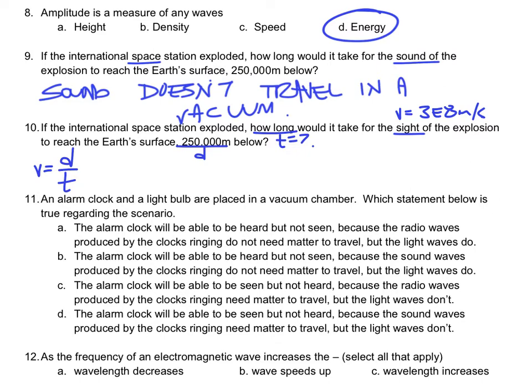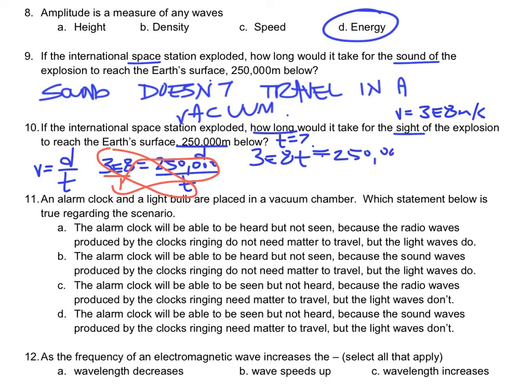If my velocity is 3e8, my distance is 250,000 divided by t. So now all I have to do is set up a fraction on the left, and I can cross multiply 3e8 times t and 1 times 250,000. And when I do that, I get 3e8 times t equals 250,000.